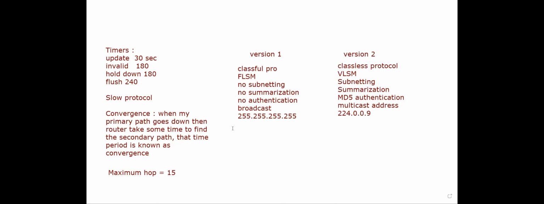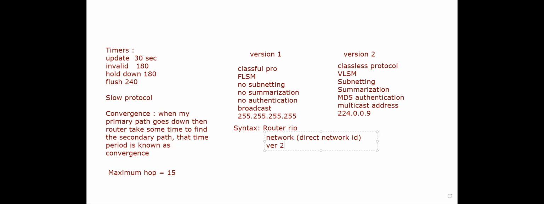And the syntax is router rip. Now you don't have to write IP route, indirect network ID and subnet mask. We just have to write network and its direct network ID.